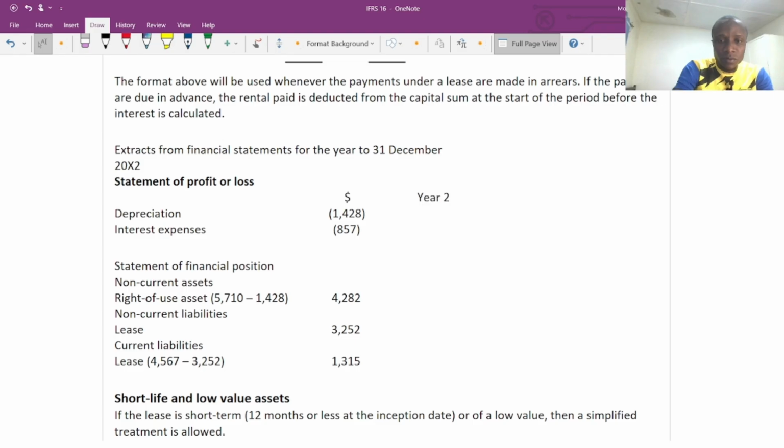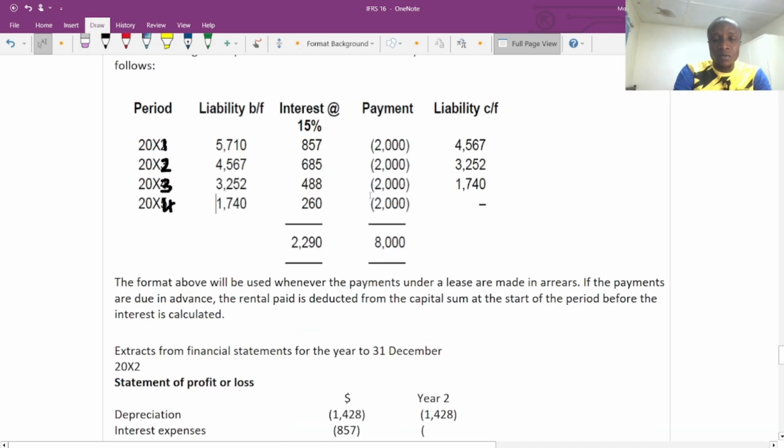Year two, right? So the depreciation will be the same, 1428, and the interest will not be the same. The interest, look at it from the lease liability table, 685.